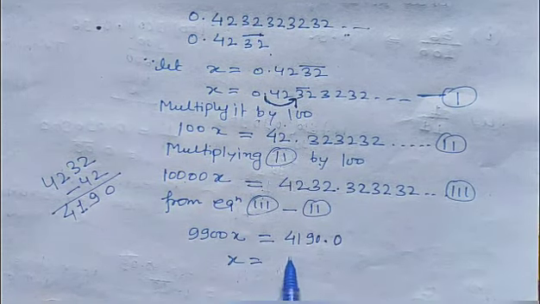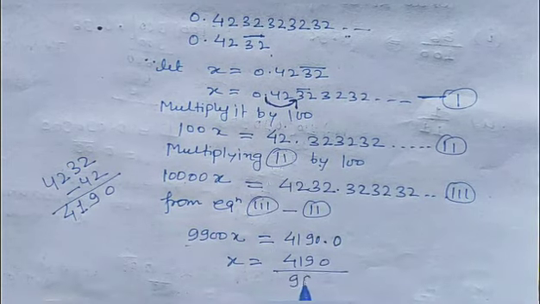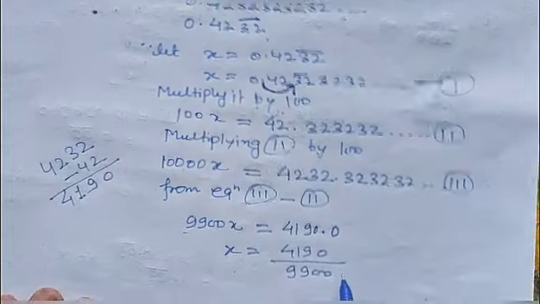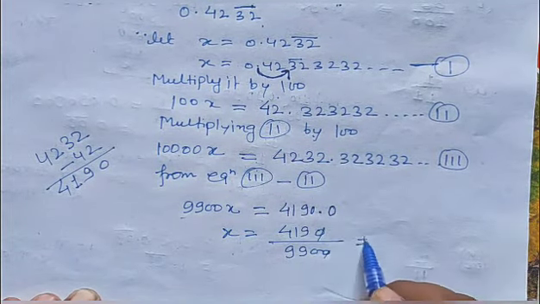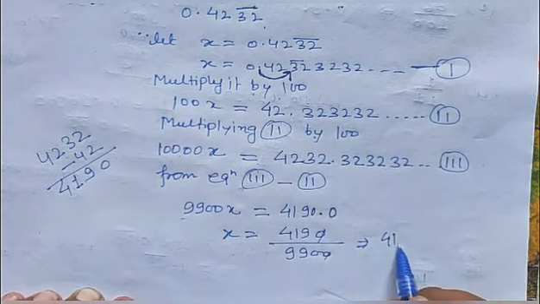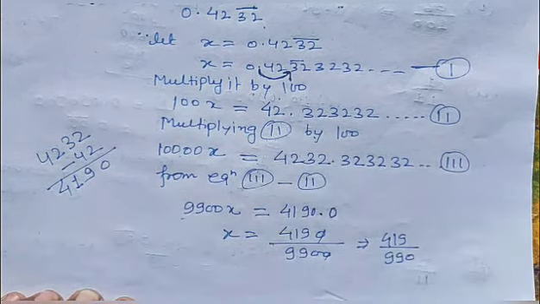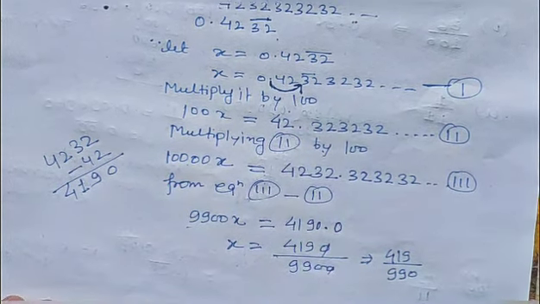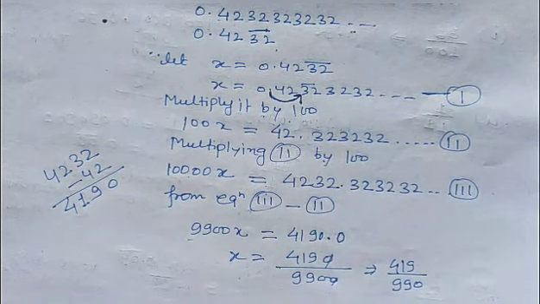So x will be 4190 upon 9900. The 10 will be cancelled out, so it will be 419 upon 990. Okay, so this will be your answer if the question is like this.